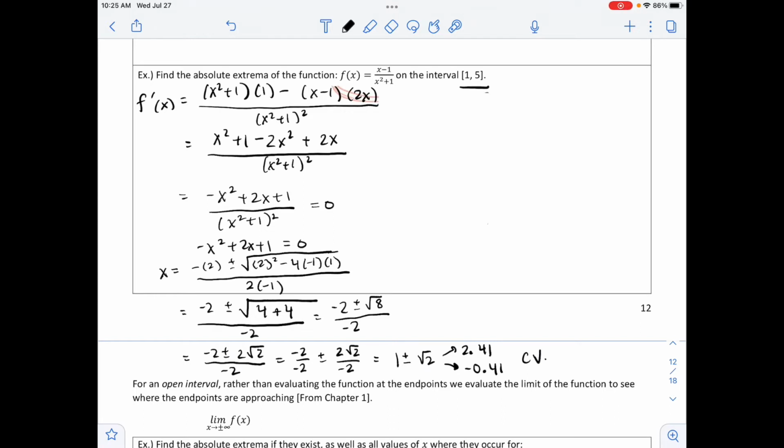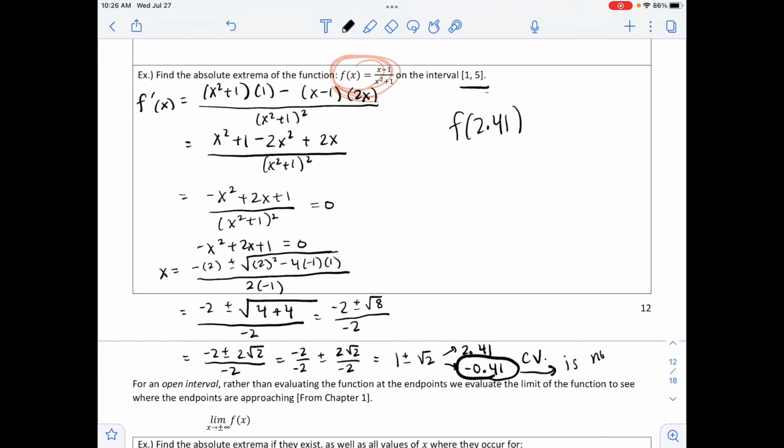So substituting in your critical values, we are going to substitute these into f of x, which is given to us up above. And so we're going to substitute in 2.41. And looking at my second critical value, you'll notice that negative 0.41 is not in my interval from 1 to 5.